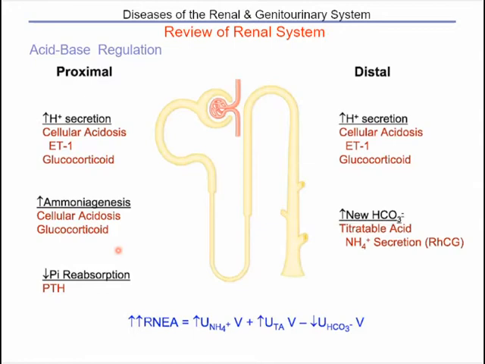Acidosis or alkalosis will lead to changes in the handling of hydrogen ion and production of bicarbonate and ammonium ion, your urinary buffers, along the tubules of the nephron.